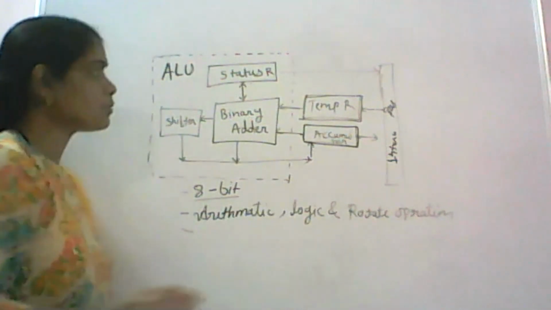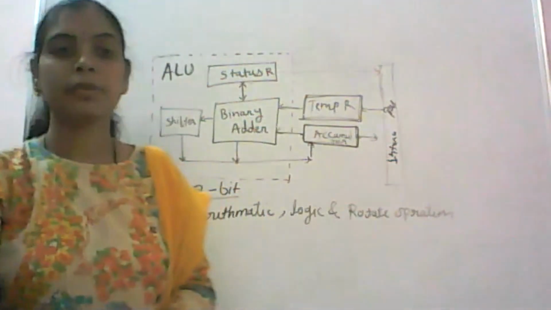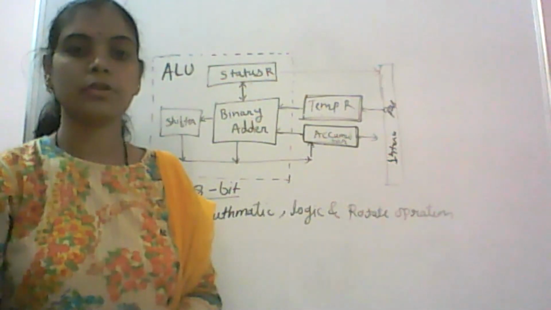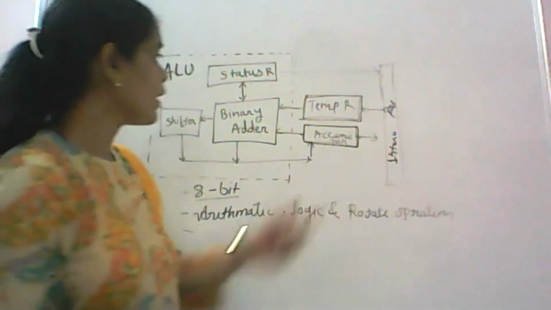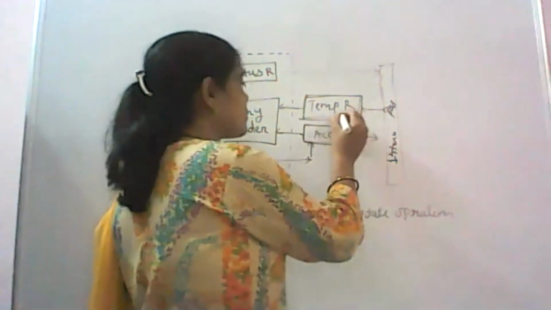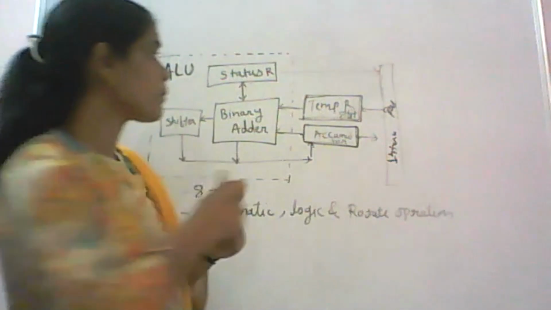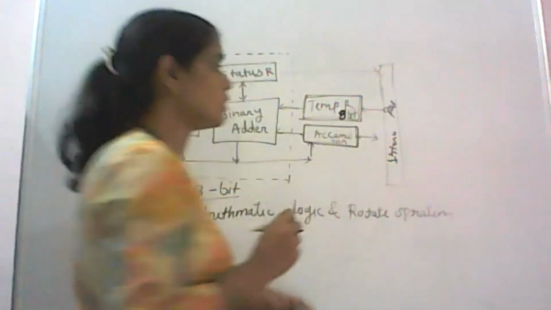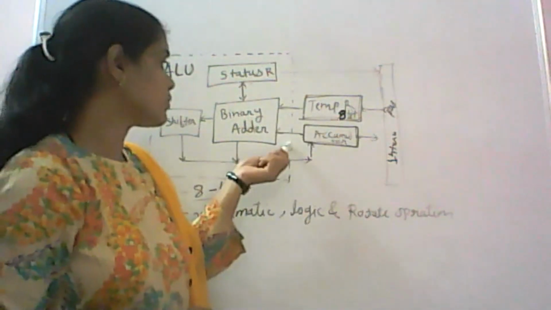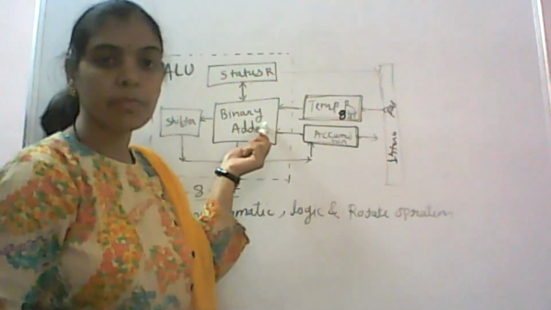Now we see the next block, which is the temporary register. This temporary register is an 8-bit register. See, this register is closely associated with the ALU.